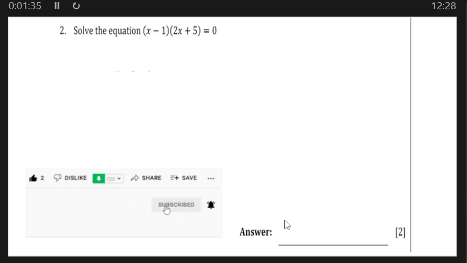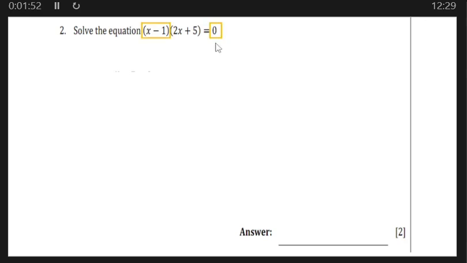Question 2 says solve the equation (x minus 1)(2x plus 5) equal to 0. What you should know is that in solving this equation, you must equate each bracket with 0. So you say x minus 1 is equal to 0.